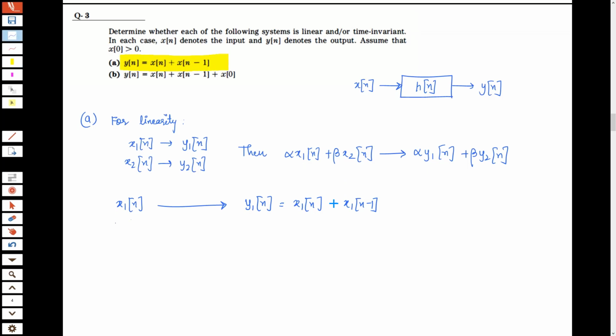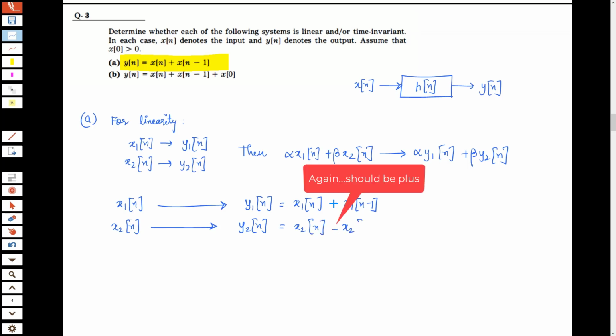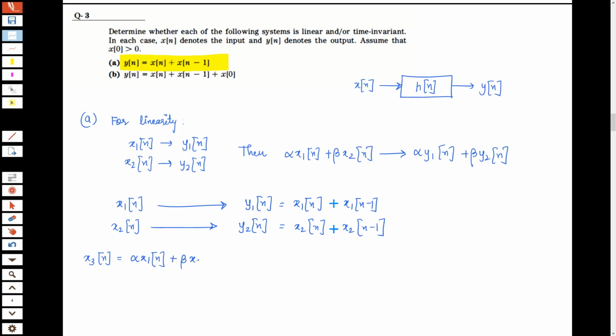Let there be another signal x2[n], which results in an output y2[n], which is x2[n] minus x2[n-1]. Let us now define a new signal x3[n], which is equal to alpha times x1[n] plus beta times x2[n].